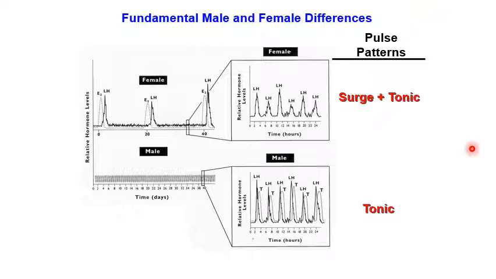When we are going to enlarge that, we can see that we also have here the same as in the male animal. We also have here the presence of the luteinizing hormone in the female animal.